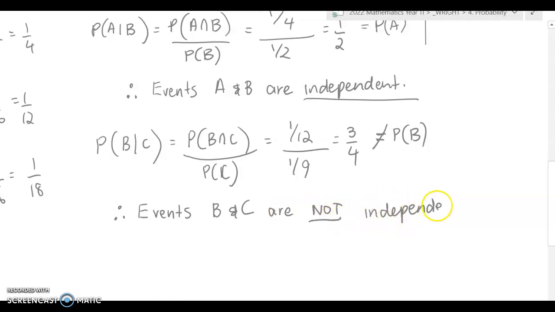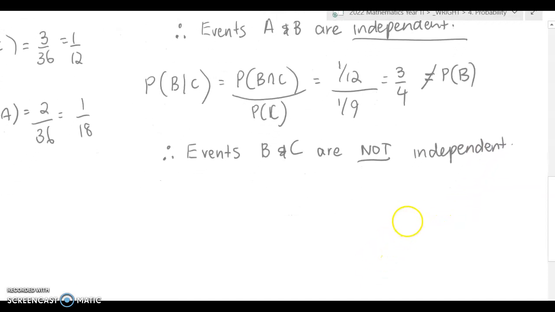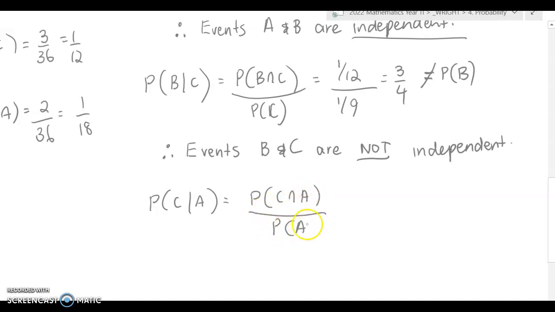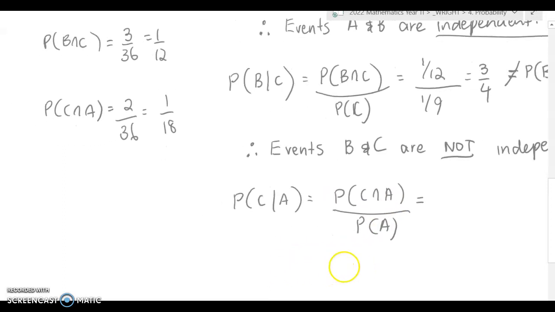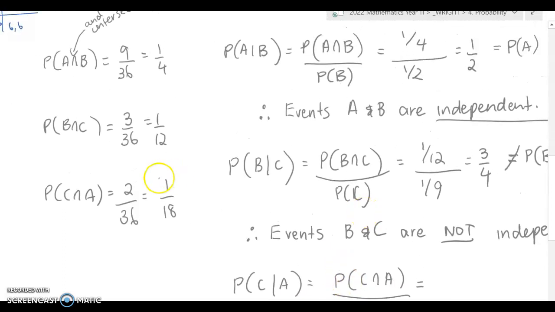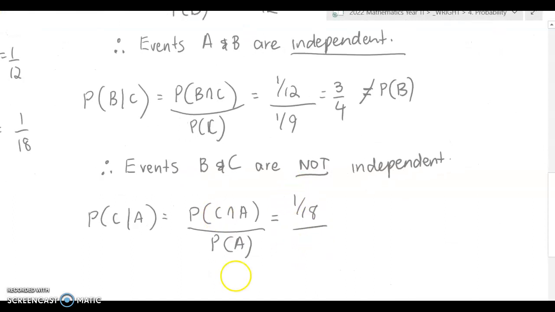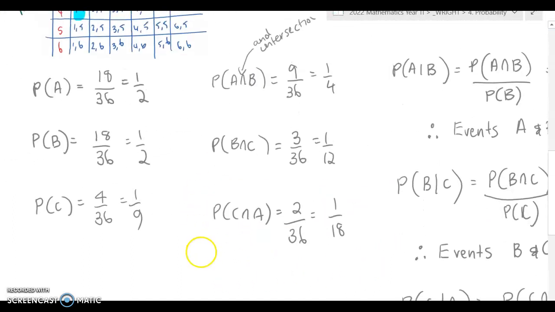I think you're probably getting the hang of this now. But likewise, we can look at the other pair of events, which are C given A. That would be the probability of C and A, or A and C, over the probability of A. So the probability of C and A, we worked out to be 1/18. Our probability of A, we worked out to be 1/2.